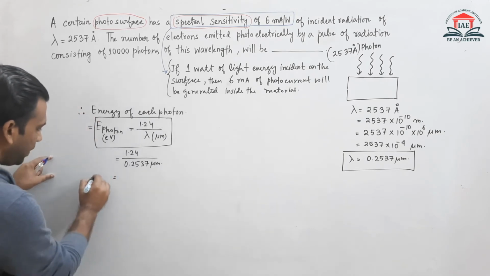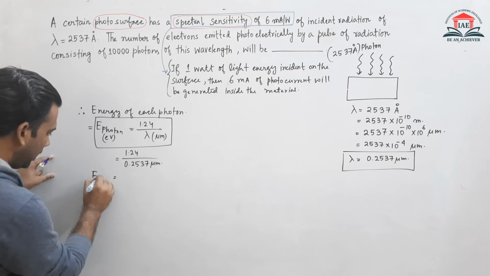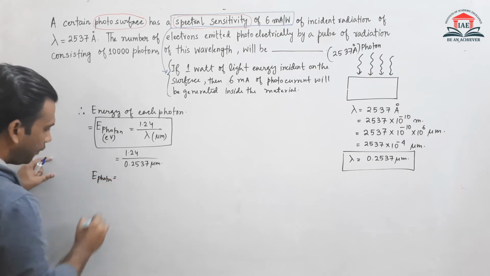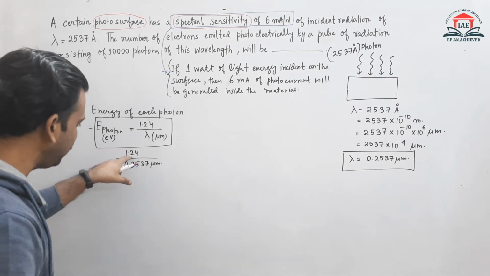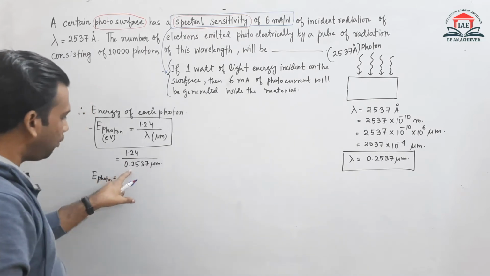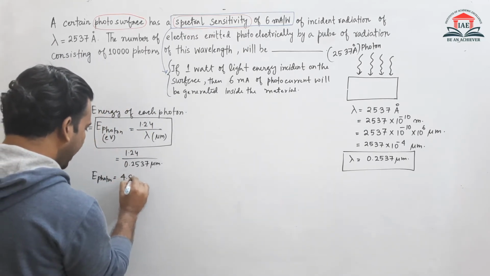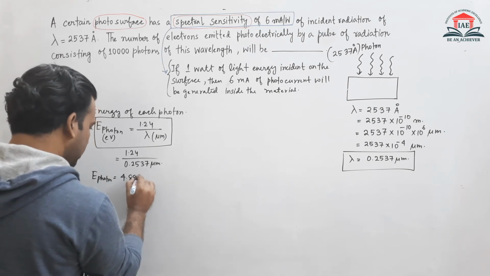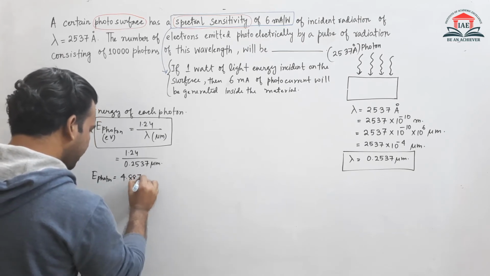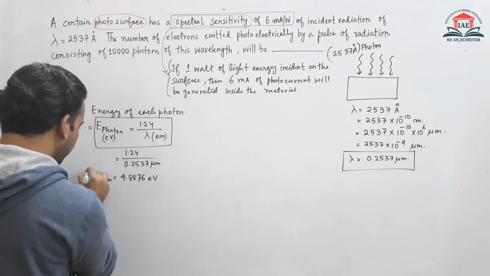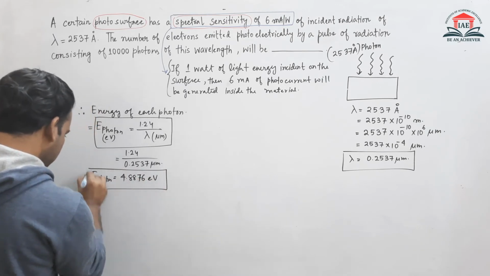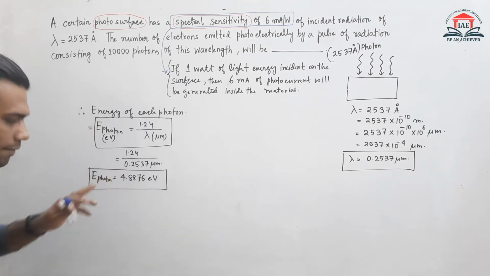So the energy of each photon, E photon, you have to divide 1.24 by 0.2537. It will give a value of 4.8876 electron volt. So this is the energy of one photon.